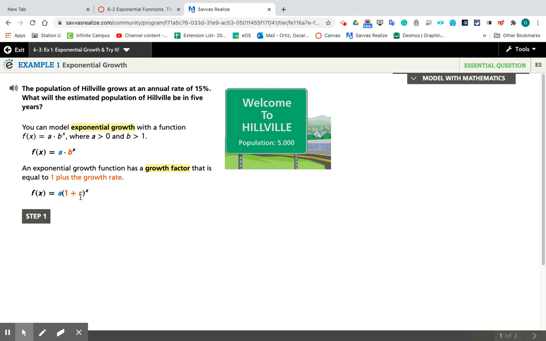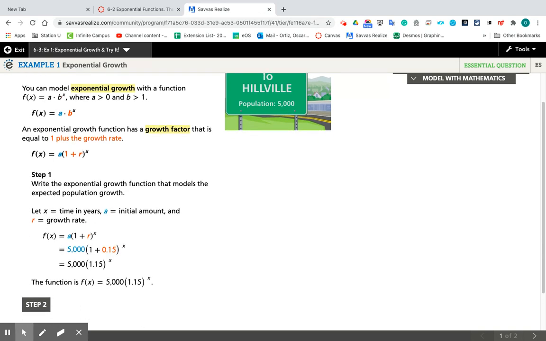So that r right here is the percentage that is increasing. So in this case, we know the percentage of increase is 15%, and we also know that 15% as a decimal. A little reminder, this is the same as 15 divided by 100, and when you do 15 divided by 100, you get 0.15.